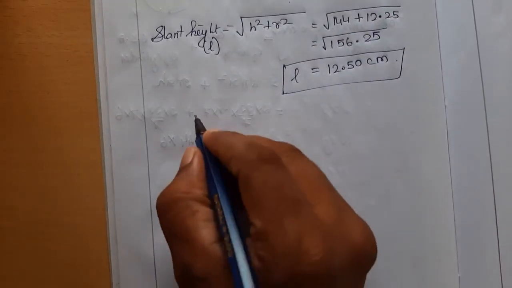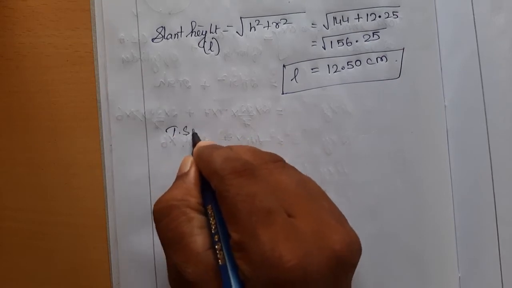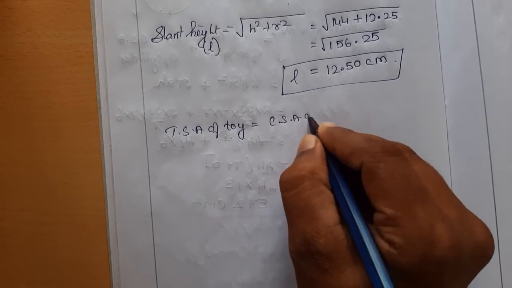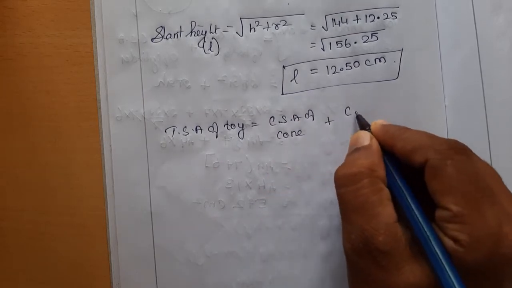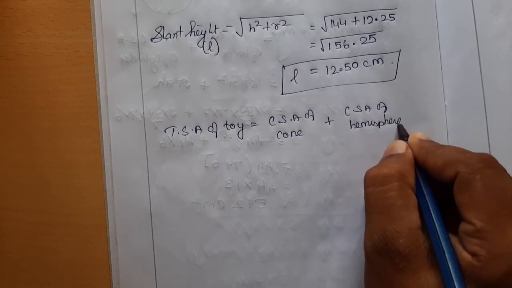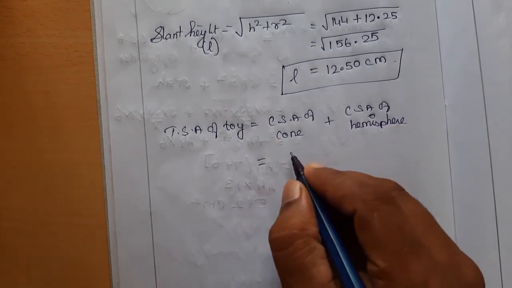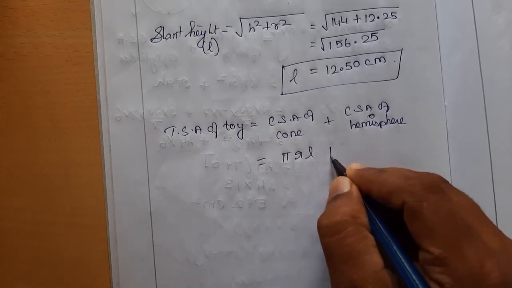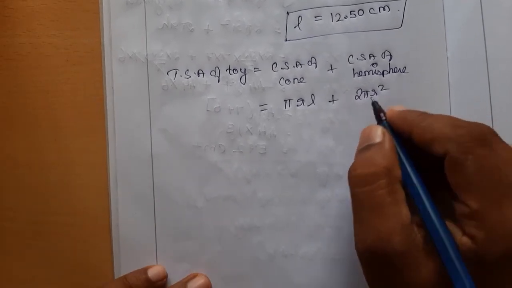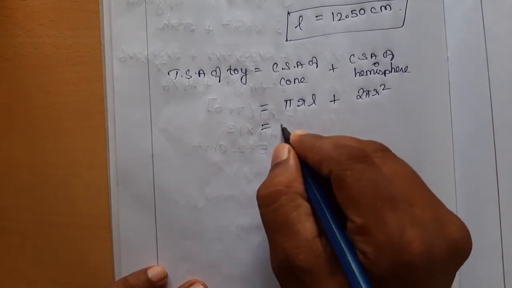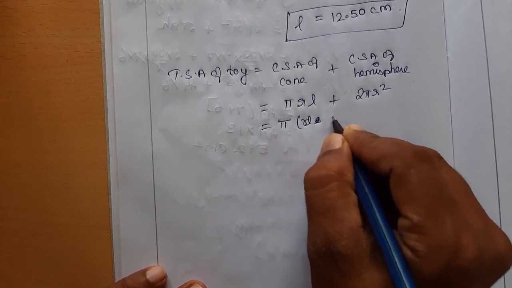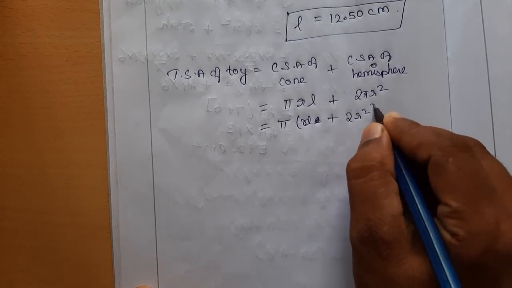So therefore, total surface area of the toy is equal to curved surface area of the cone plus curved surface area of the hemisphere. So curved surface area of the cone is pi r l plus curved surface area of the hemisphere is 2 pi r square. Clear? So pi, let me take it as common outside, and we will be getting r l plus 2 r square. Let me substitute that.